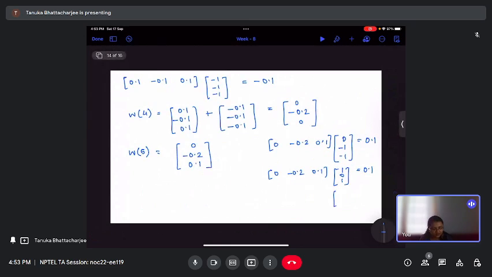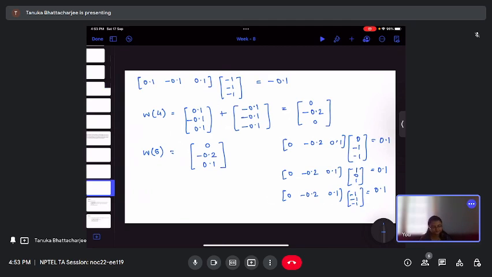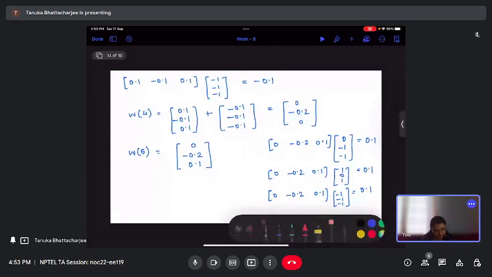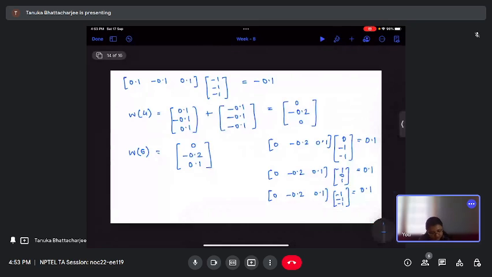If you have all minus 1s here with 0 minus 0.2 0.1, then again you have 0.1. So, this is also correctly classified. Last you will have to check the first sample because you updated last time with that. Now you will have to check with that, which is 0 0 1. So if you take 0 0 1, write it here.